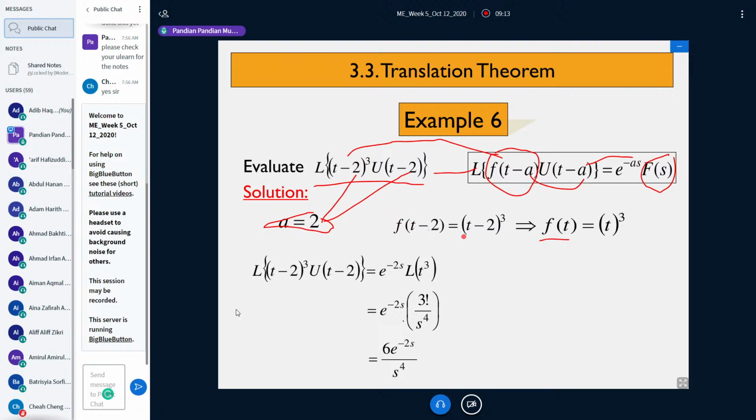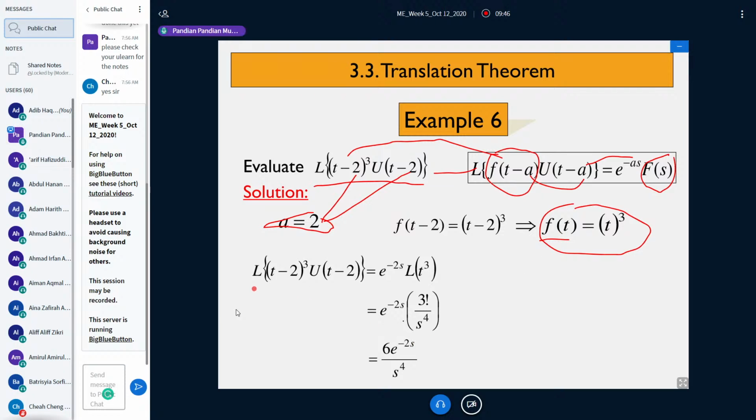So if f(t-2) is (t-2) power 3, I can replace this t-2 with t, because then I can use the formula from table 3.1, slide number 18. Using Laplace of t^n is n factorial divided by s^(n+1). That's why we have to make it like this.